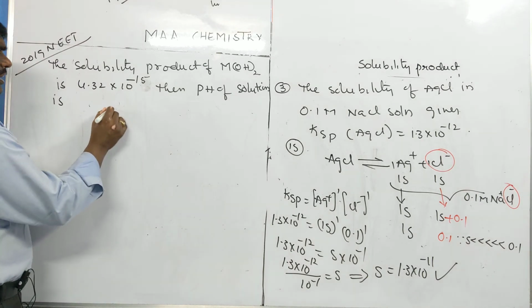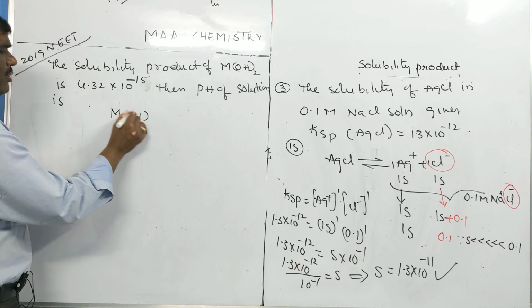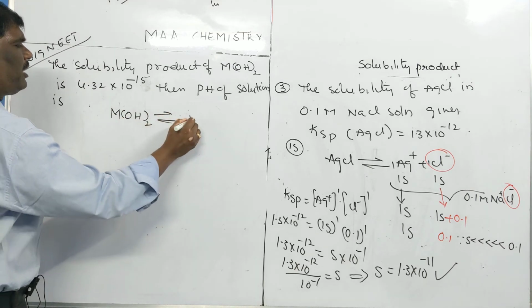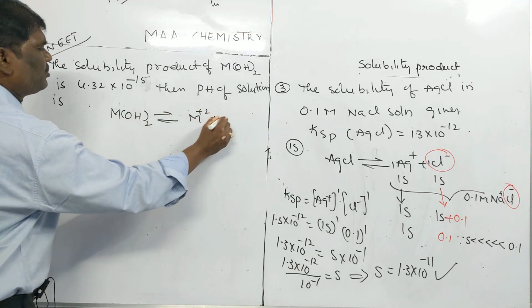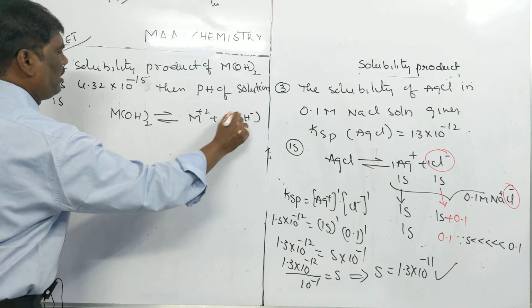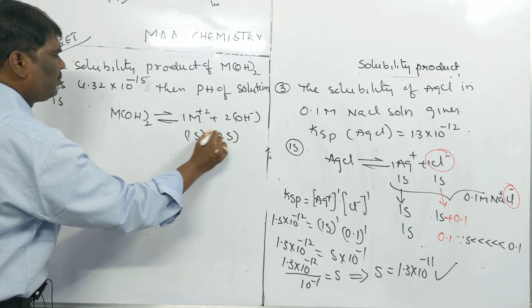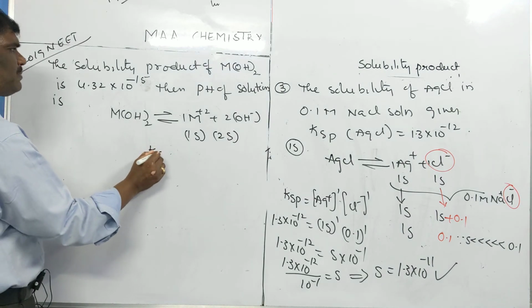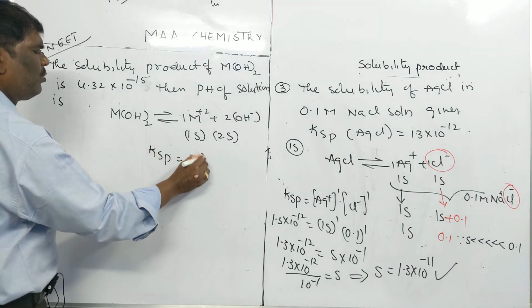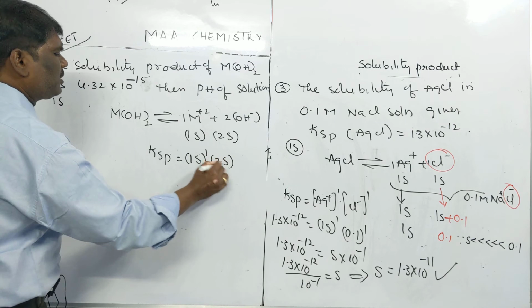Now in this one, M(OH) twice ionizes into what? It ionizes into M plus 2 and 2 OH minus ions. Let us suppose solubility as 1s and this is 2s. So what is KSP? KSP equal to 1s power 1, 2s power 2.